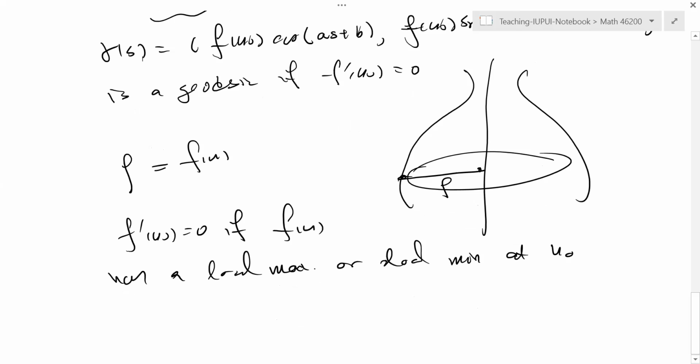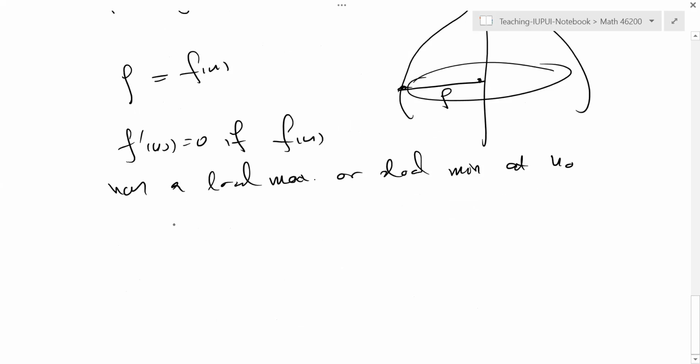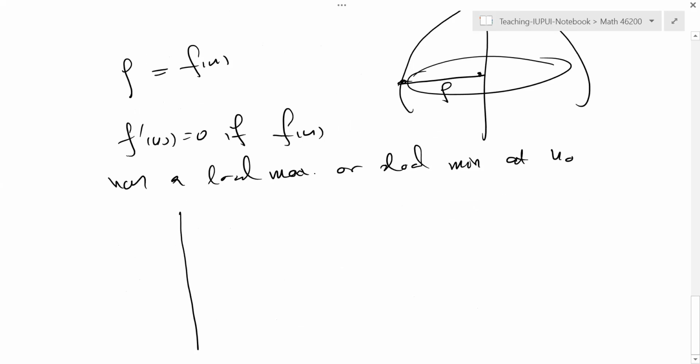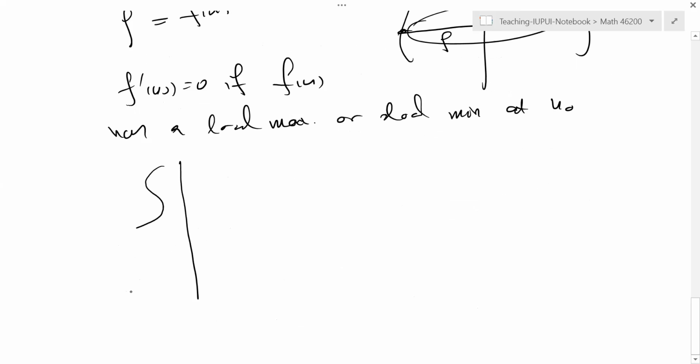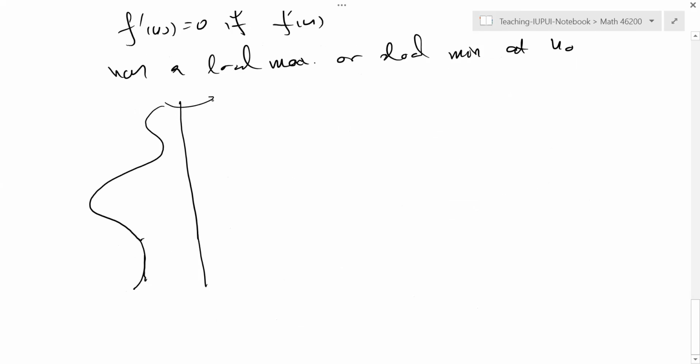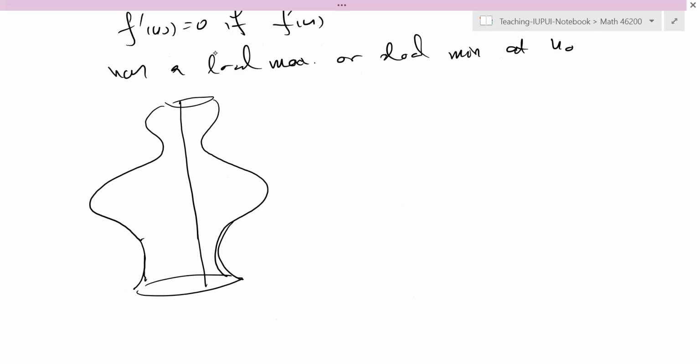So if I draw the picture, I can tell, okay, let's draw the picture of some surface. This is a curve. Okay, so this is the surface. Now, when you look at this surface, you can tell immediately where the geodesics are. Horizontal parallels, right? From here, this is a geodesic, because look at the radius.